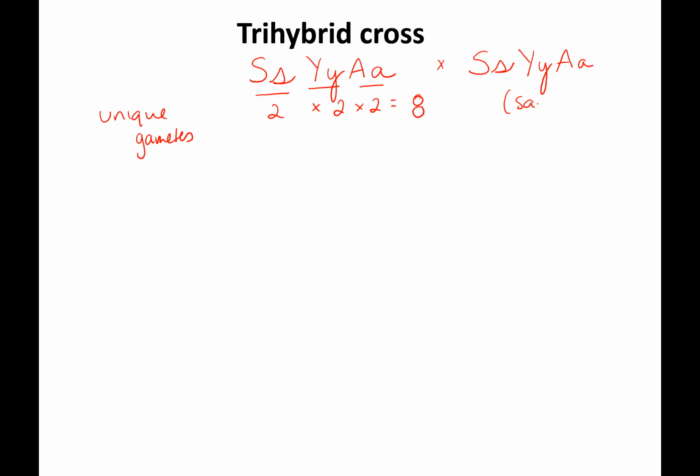And it's the same over here because they have the same genotype. And again, a way to figure this out is the branch method. You can do it sideways, you can do it up and down, but what you do is you first split one allele pair, and then you pair them up with each option from the second allele pair, and then you pair those up with each option from the third allele pair.